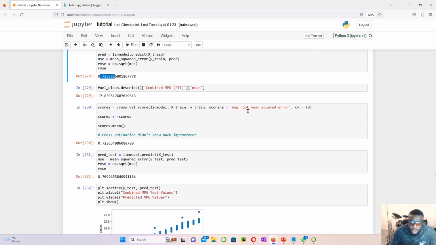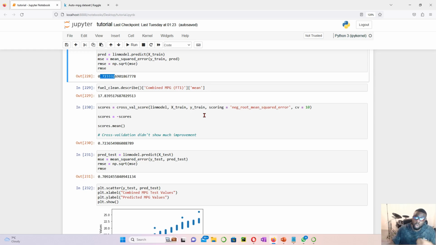Okay. And then another way to basically try to improve your RMSE score is to cross-validate, right? So that's basically splitting the data into a bunch of folds and then training on those folds.